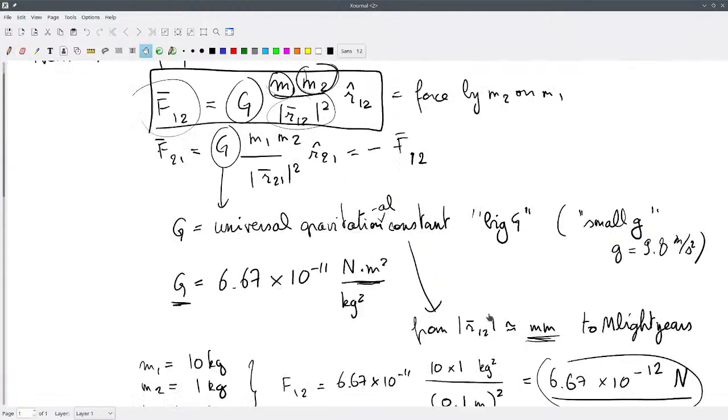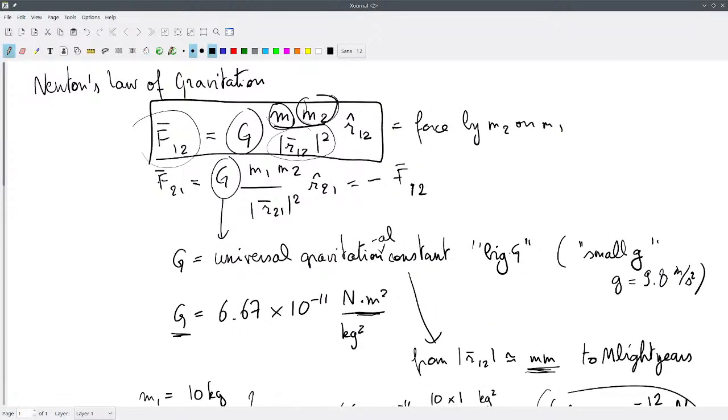So one of the things that is interesting in this gravitational force, and that is very common for forces in nature, is actually two things. One is it's a force that points along the line between the two masses.